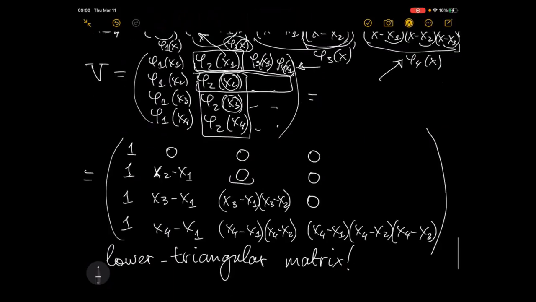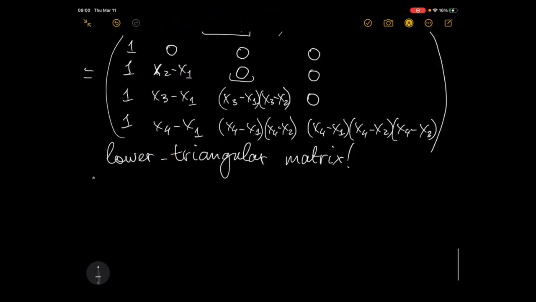So it means that when I will be solving this system of linear equations, what can I use? How do we solve systems of linear equations with lower triangular matrices? Using what approach? Okay, tell me, please.